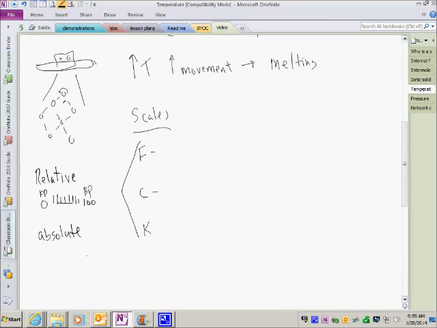If you look at the actual idea of temperature as being movement, can you have a negative temperature? Yes. Can you have negative movement? No. So this is a relative scale, going from 0 to 100. This goes from 32 to 212, and these are identical temperatures.